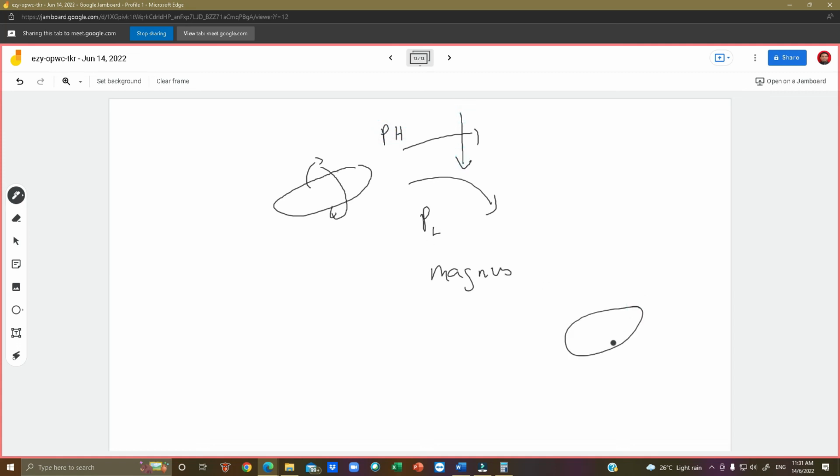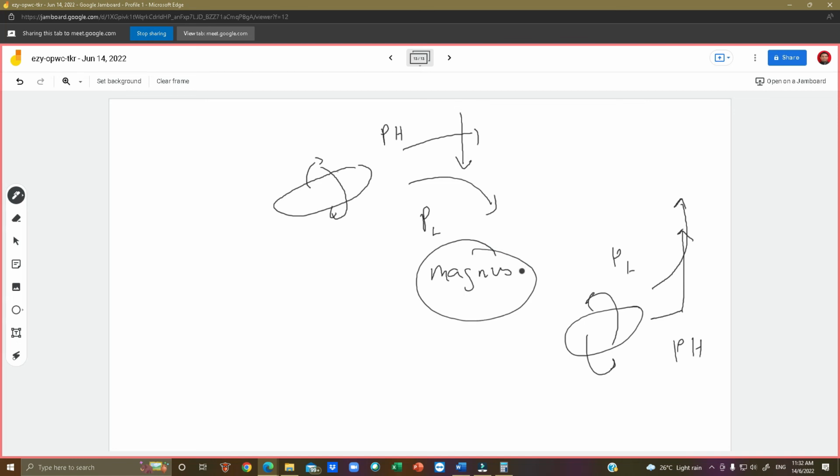Okay, kalau kata bola tu kita rotate ke arah sana, means that if we rotate that way, the ball is going to have a deviation to the left hand side. Why? Because pressure here is low, pressure here is high. So the ball is going to deviate from the original line. It will deviate according to the difference in terms of pressure. This is the Magnus effect.